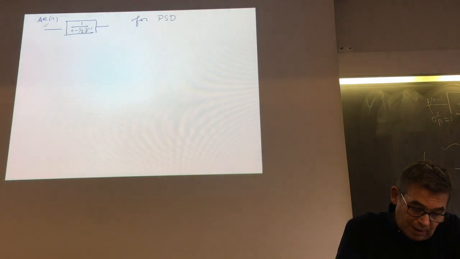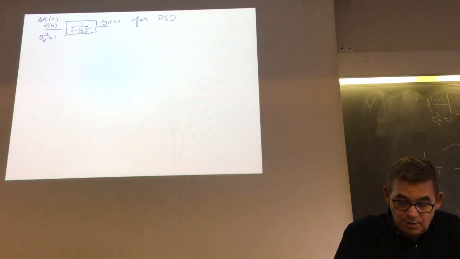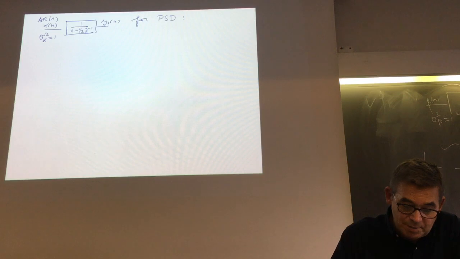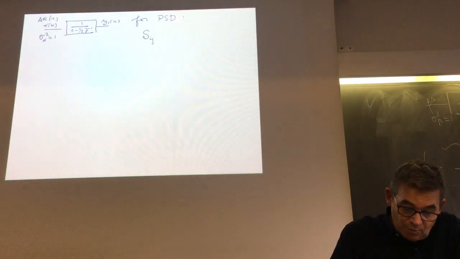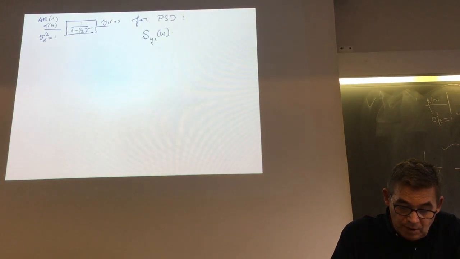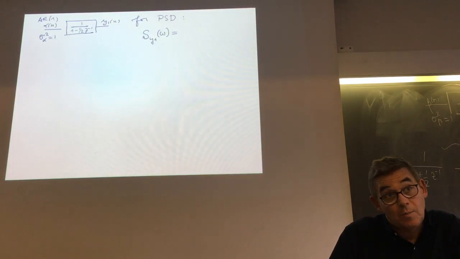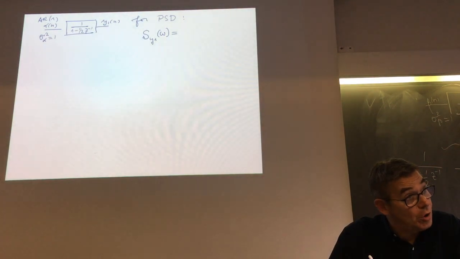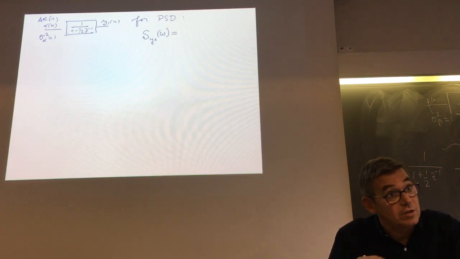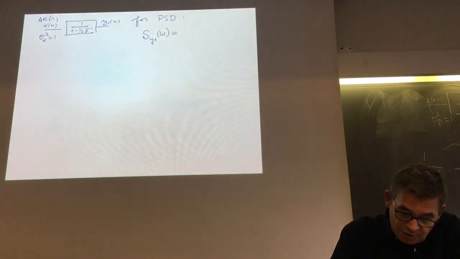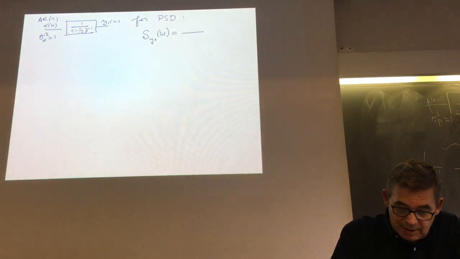So alpha n, here it is y1 n, the power sigma square alpha is equal to 1. So the power spectral density of y1 in omega is the z transform of the autocorrelation sequence computed along a circle. Okay? So I use the definition.